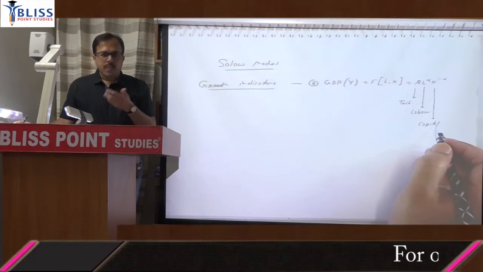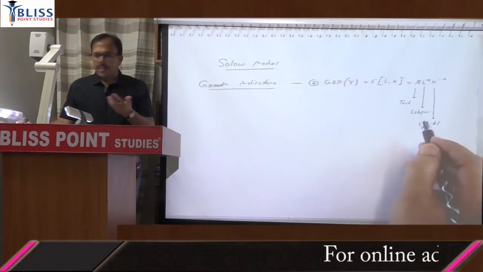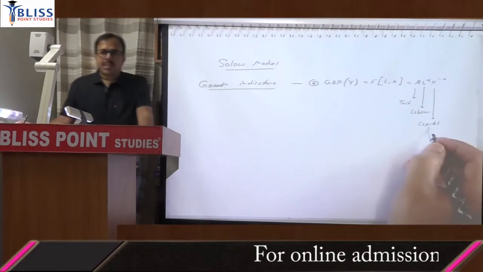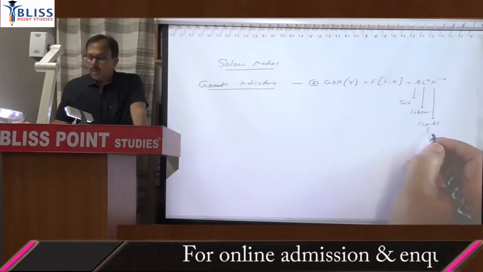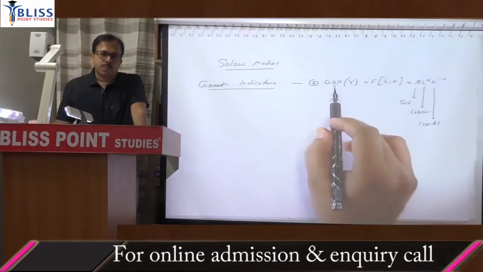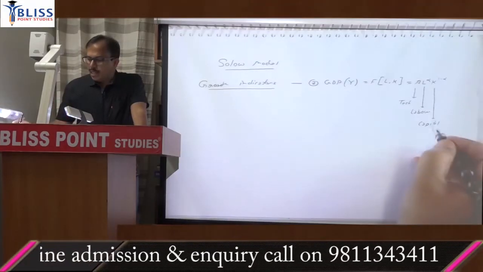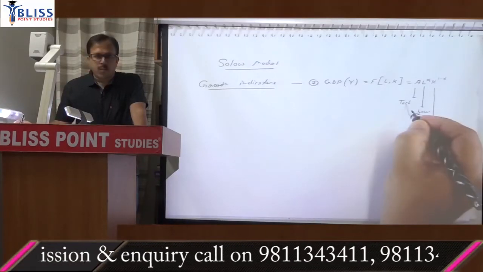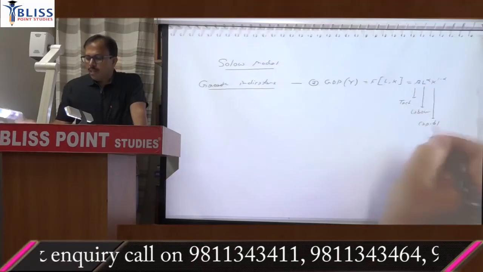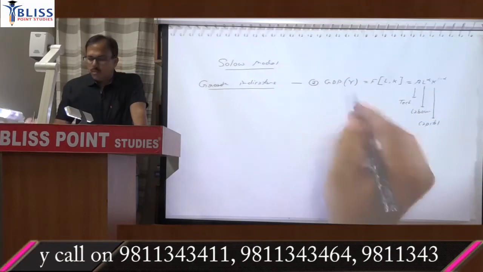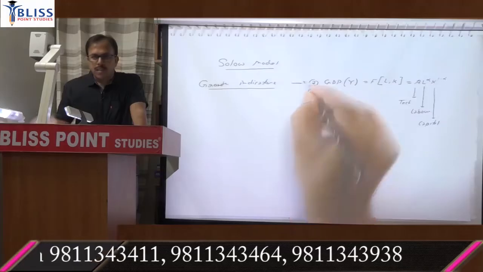So growth in technology, growth in labor force, and growth in capital will determine finally the growth of GDP, because GDP depends upon these three. So this is the first part that we will be explaining.